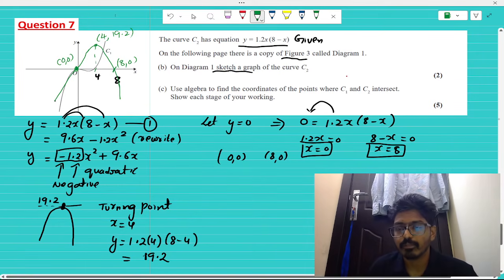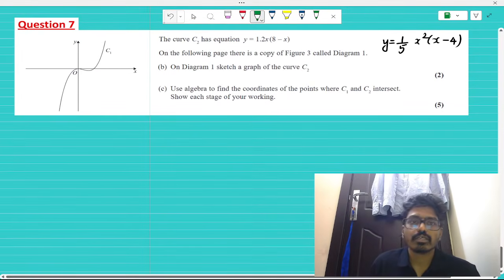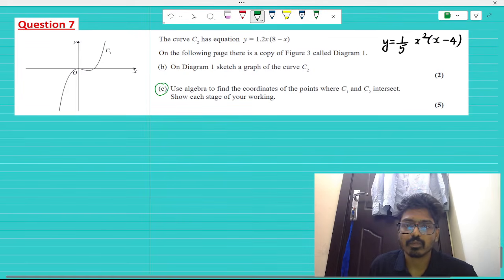Okay, now coming to part C. Let us read part C. Use algebra to find the coordinates of the points where C1 and C2 intersect. Show each stage of your working.